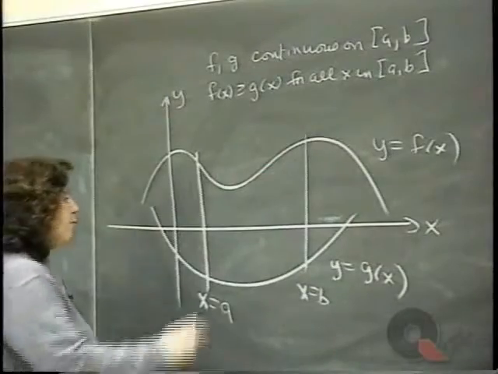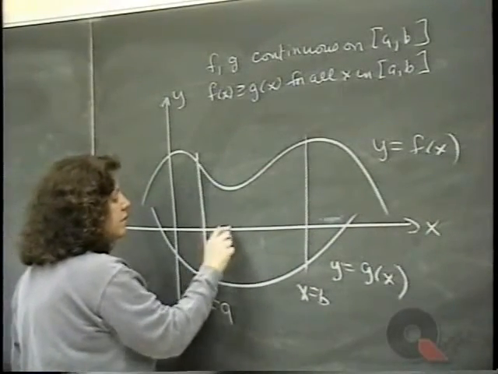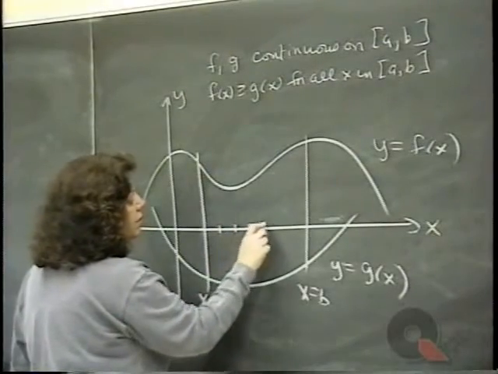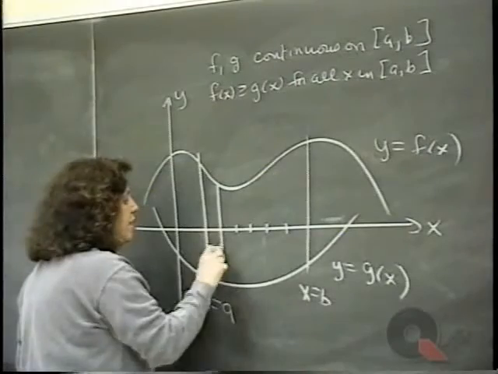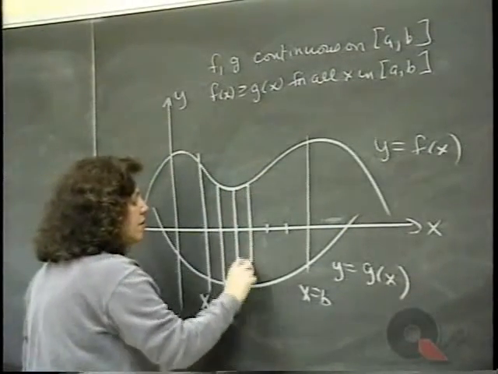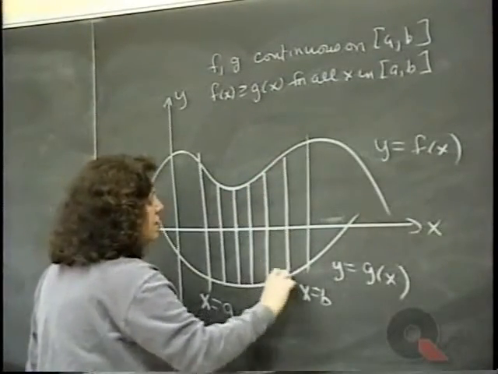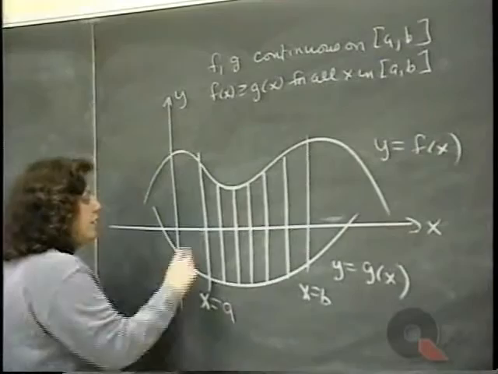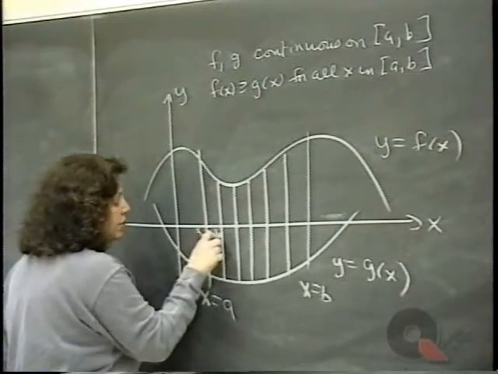Now, we broke up the region between a and b into n subintervals. For example, something like this, and we drew vertical lines at each of these subdivision points. And we called these subdivision points, for example, x sub 0, x sub 1.